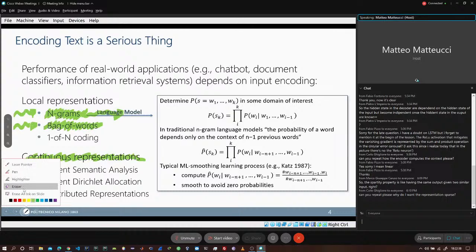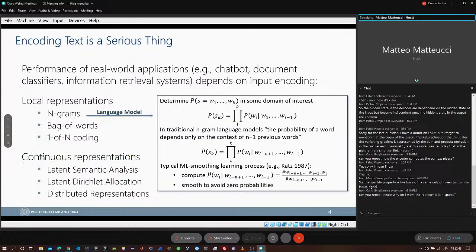It dates back to the 80s, so it's a very well-known modeling strategy. And it is about modeling the probability of one term given the terms that have been preceding this term.